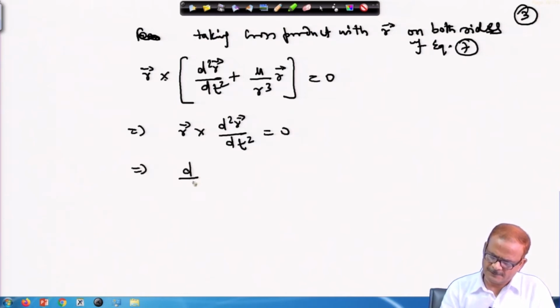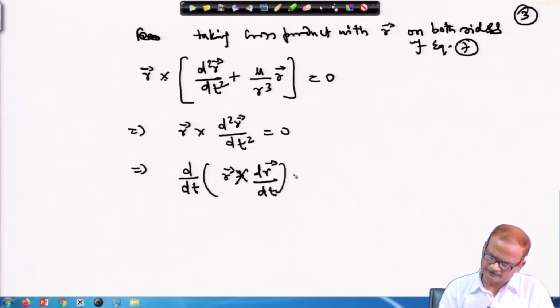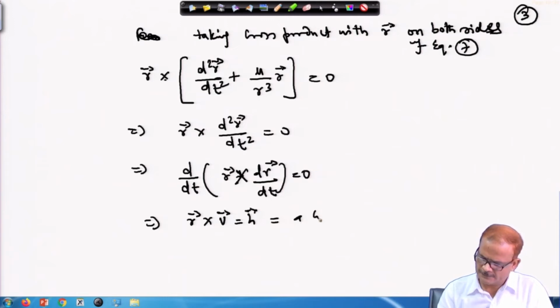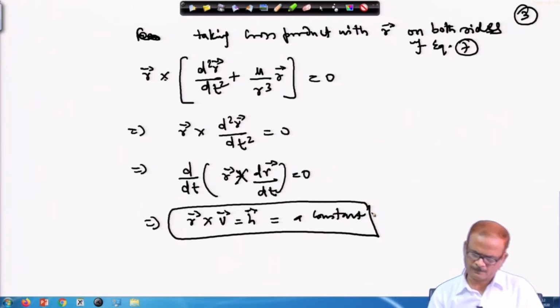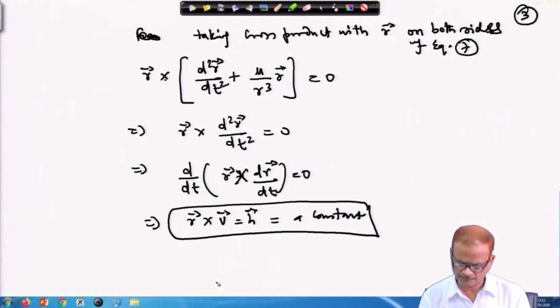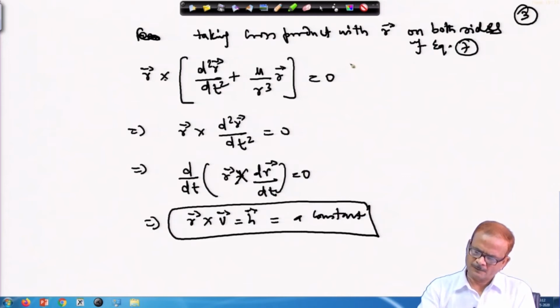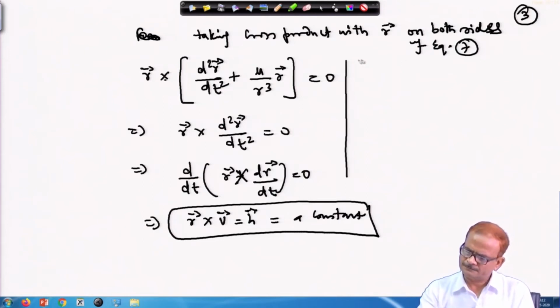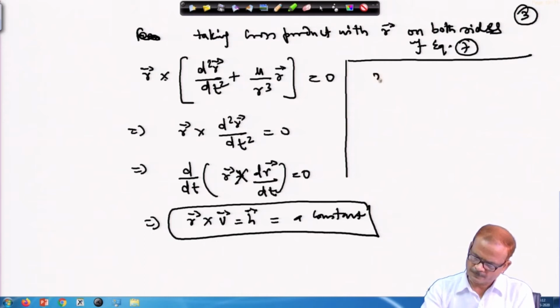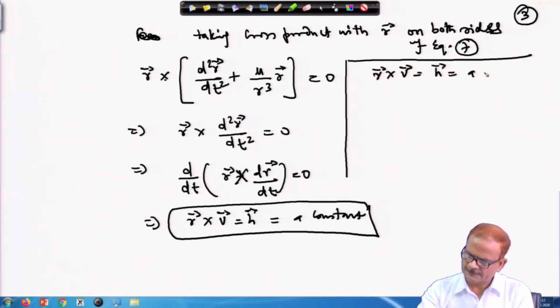You remember that this can be written as d by dt of r cross dr by dt equal to 0, and this implies r cross v equal to h, a constant vector.